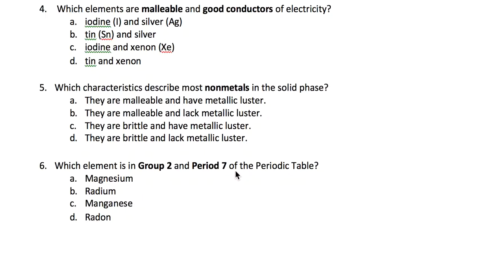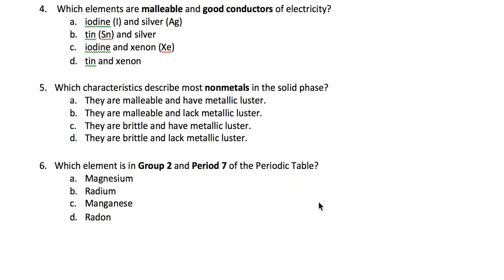Which characteristics describe most nonmetals in the solid phase? A. They are malleable and have metallic luster. B. They are malleable and lack metallic luster. C. They are brittle and have metallic luster. Or D. They are brittle and lack metallic luster.